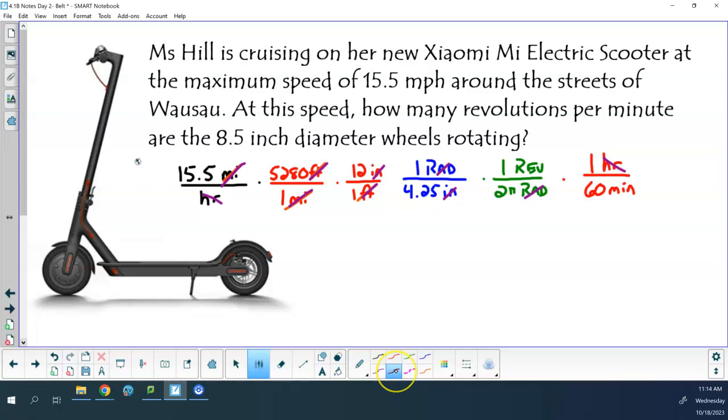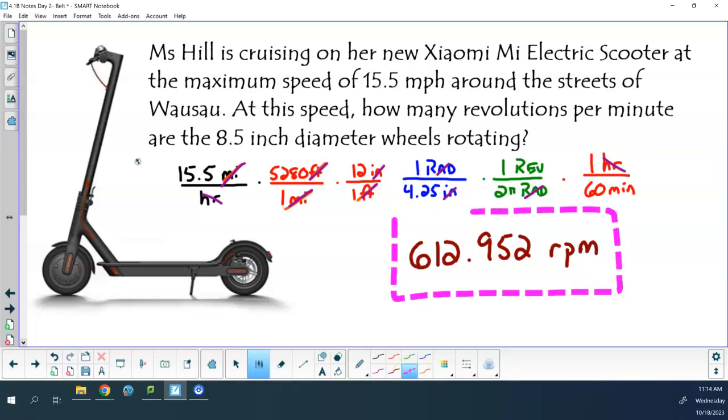I got 612.952 RPMs. Yes? Anybody back me up on that? So that's one wheel that's rotating like that.